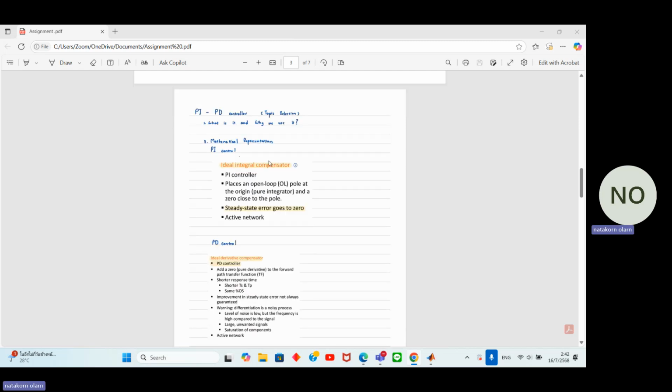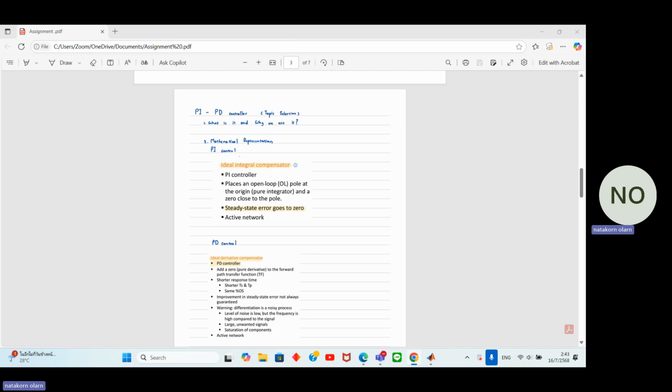So let's get started. What is the PI and PD controller? The PI controller provides a faster response time than I only due to the addition of proportional action.